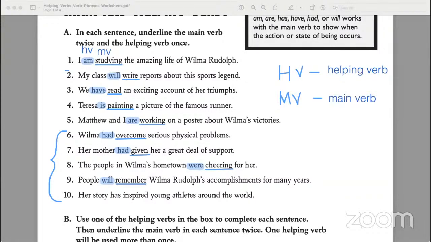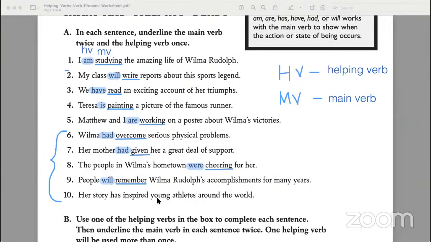And number 10, the last one. Helping verb is has. Has would not be the helping verb. So we have, sorry, repeat again. Has, did you say, in this number 10? So I was looking at number 9.